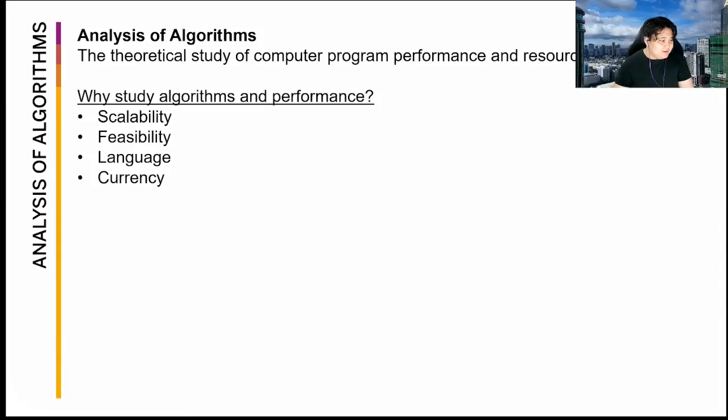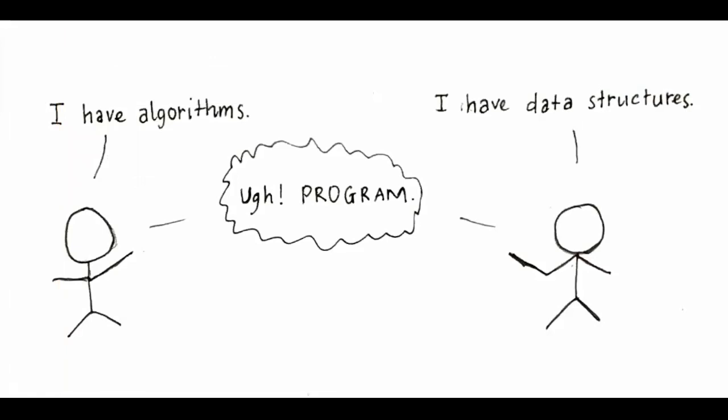If you've seen my first picture, I have algorithms, I have data structures, programs. There was this equation on one of the podcasts I listened to: data structures plus algorithms equals program. So that's right. Programs will contain algorithms.